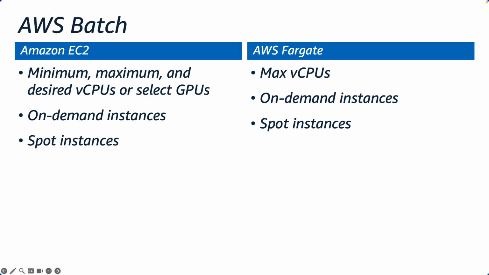If you use Fargate as your compute environment, you need to choose the max vCPUs that you need to have available. If you choose EC2, you can set the maximum, minimum, and or desired vCPUs, and you can also select GPUs. And for both, you can use on-demand instances or spot instances.